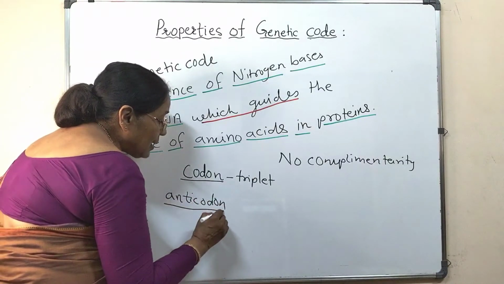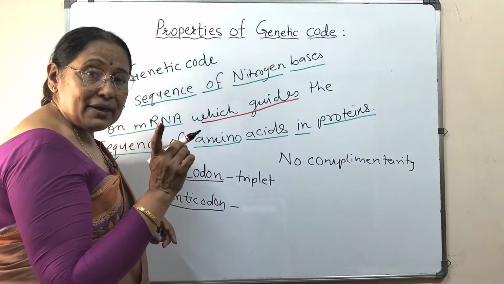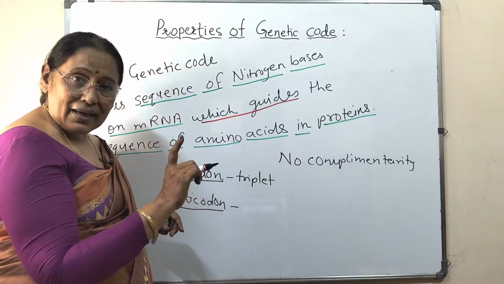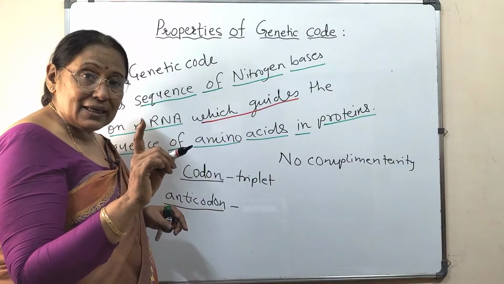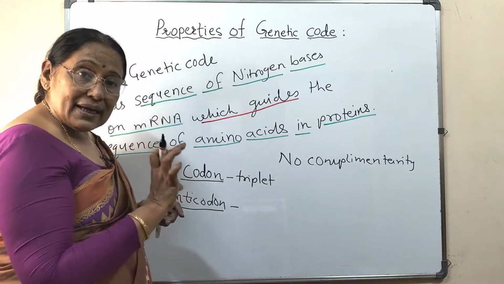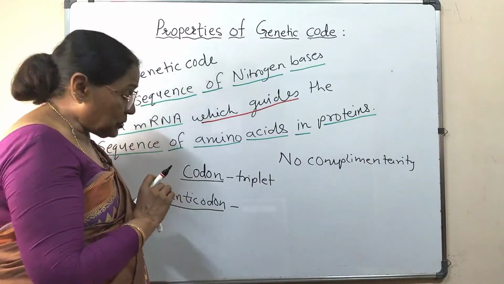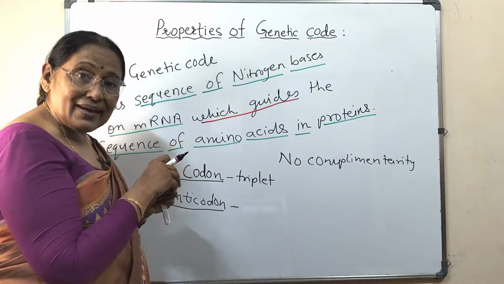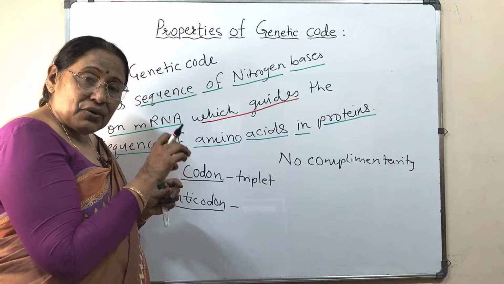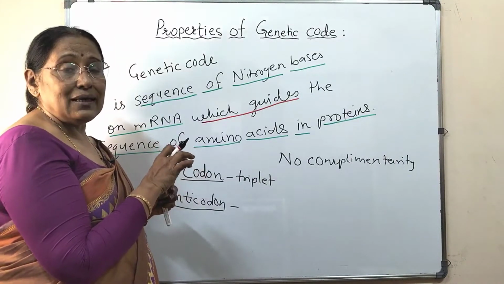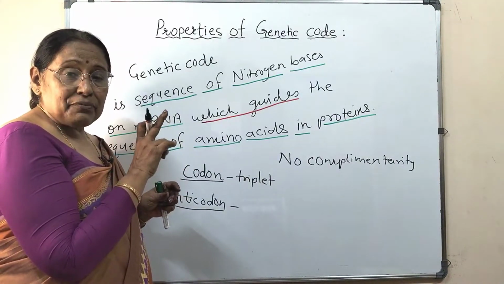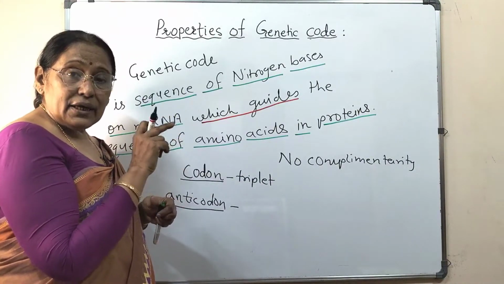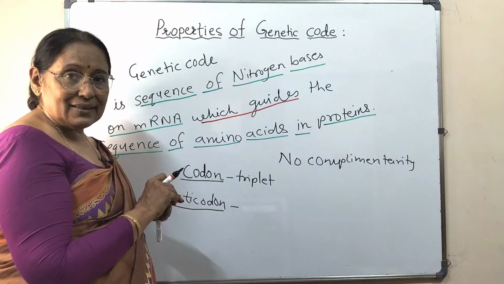So understood? Though there is no complementarity between the nitrogen bases of mRNA and the amino acids, this mediator molecule has bases complementary to the codon. On one side it reads the codon, and the codon signals, okay, I am very specific and I am going to translate into only this amino acid.